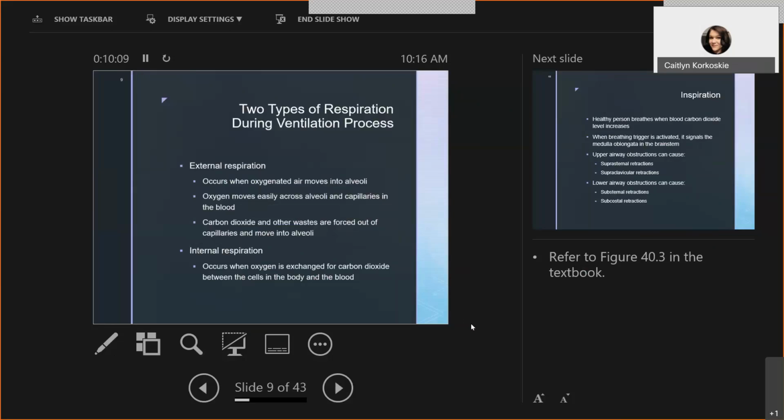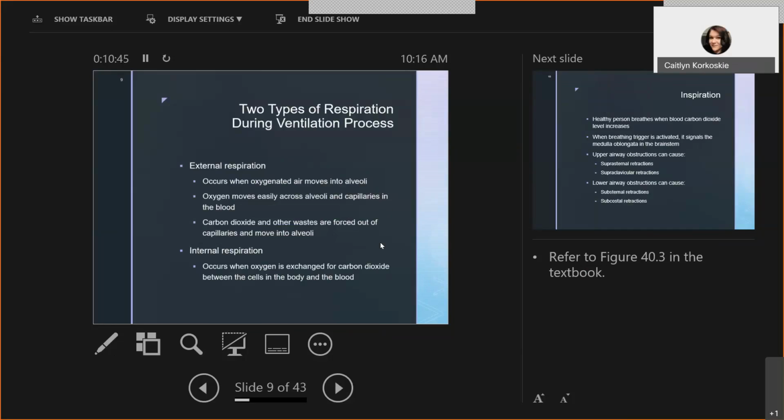Okay, so the two types of respiration during the ventilation process. External respiration occurs when oxygenated air moves into the alveoli, which is the word I couldn't think of earlier. Those are the little parts at the end of each of the bronchi, those little branches.